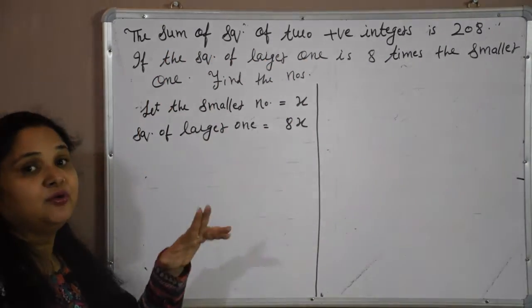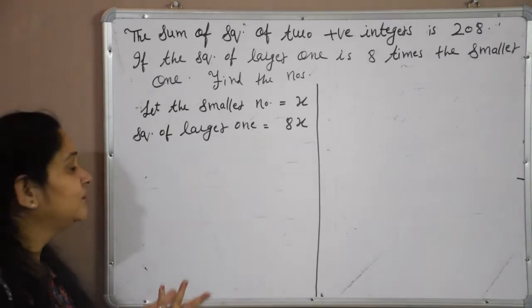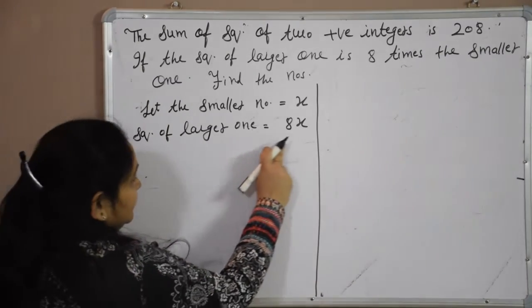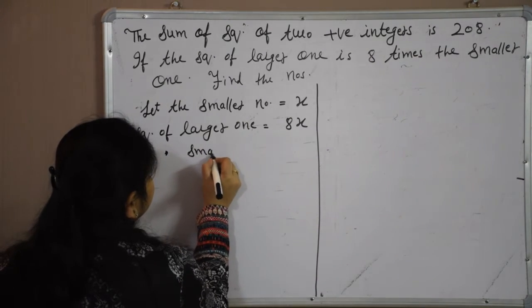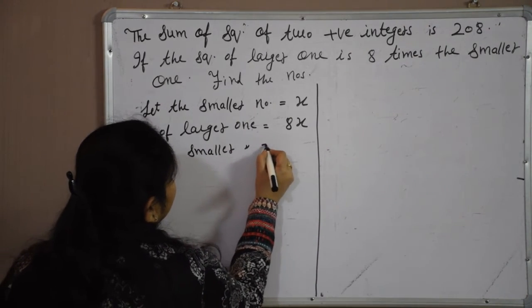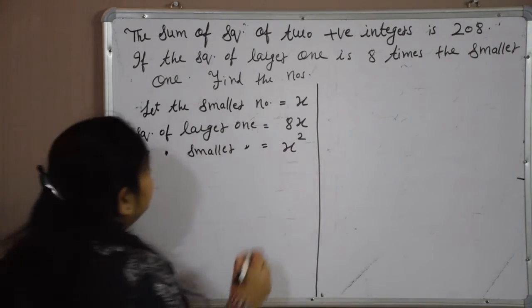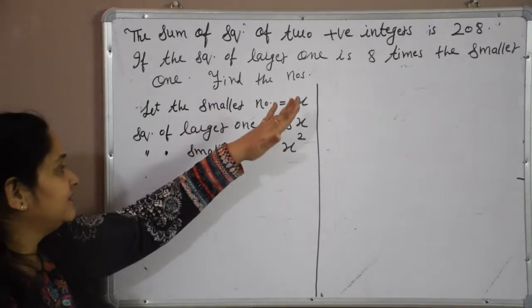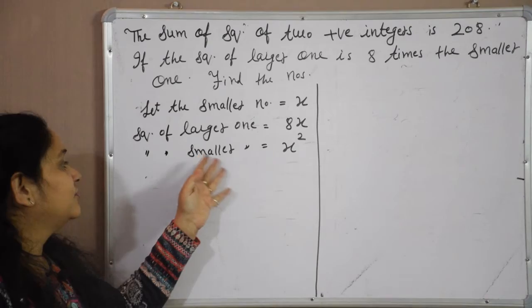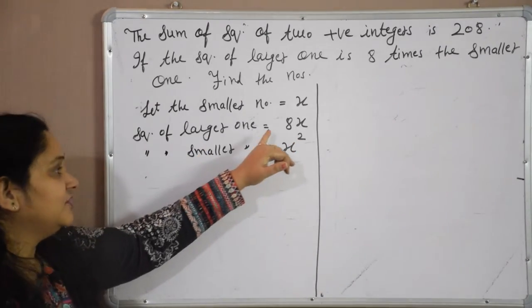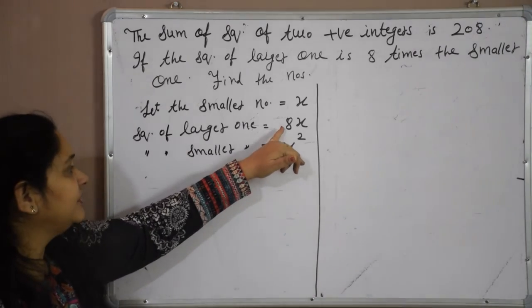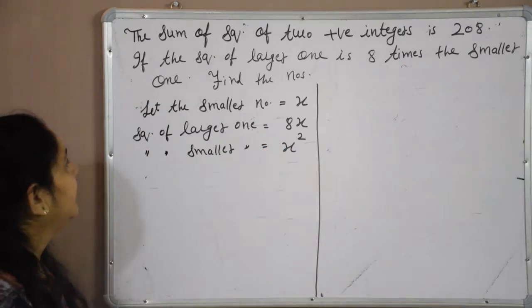So we need the square of both the numbers. Square of larger one we know, we need to find the square of smaller one. Square of smaller one is equal to x square, because the smaller number is already given. The square of the larger number is itself given, it is equal to 8x.